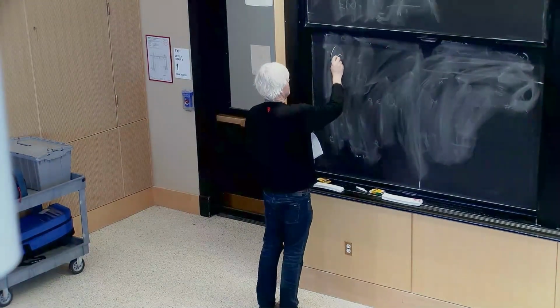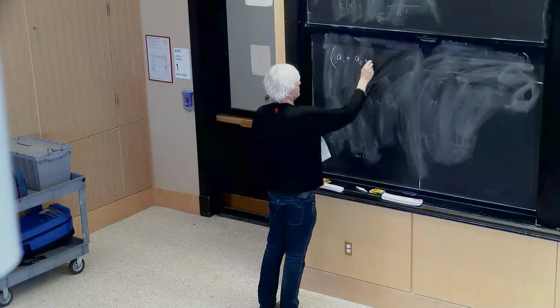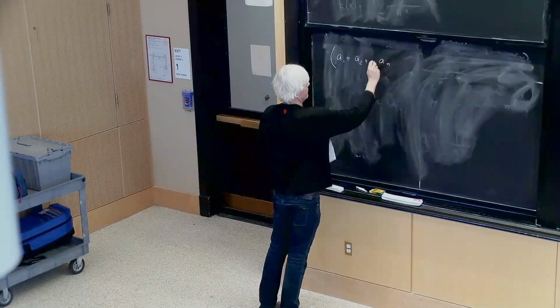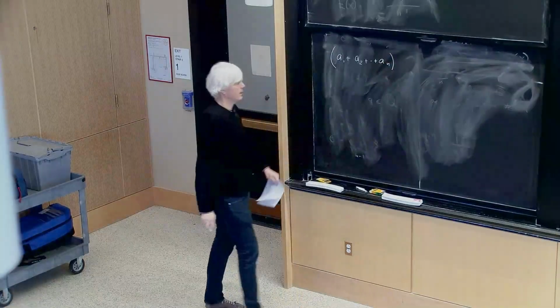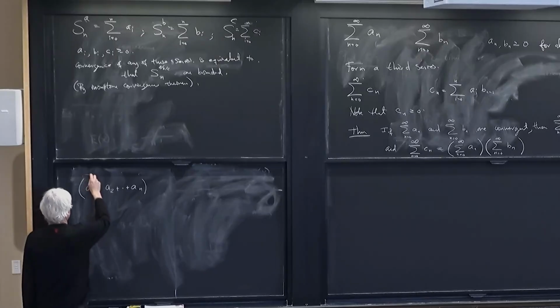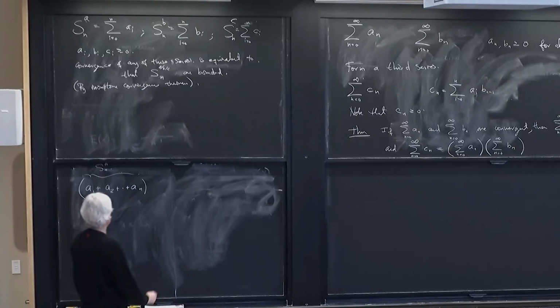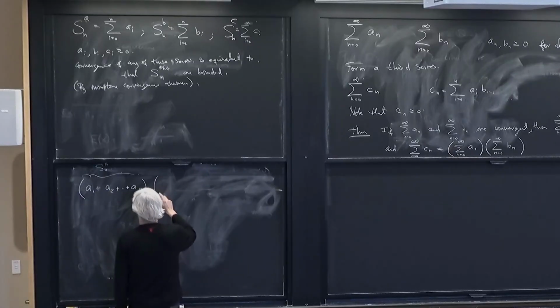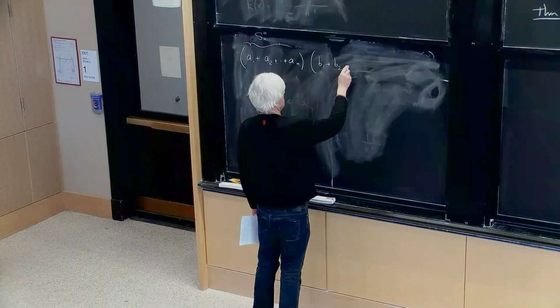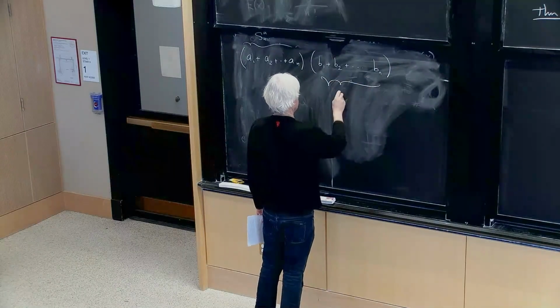If I'm looking at a_1, a_2, up to a_n, this is like S_n^A, and suppose I'm now looking at S_n^B.